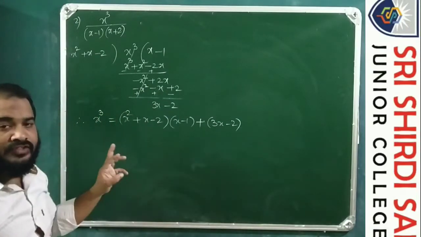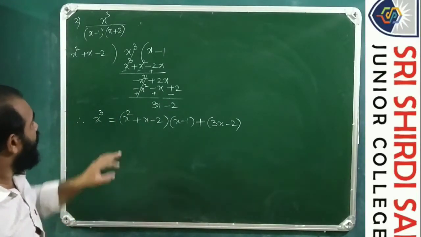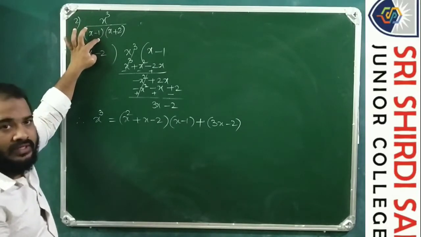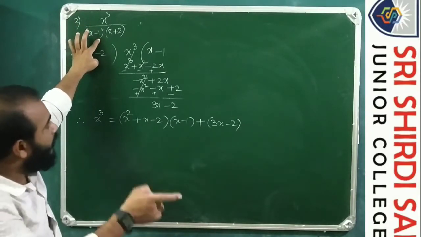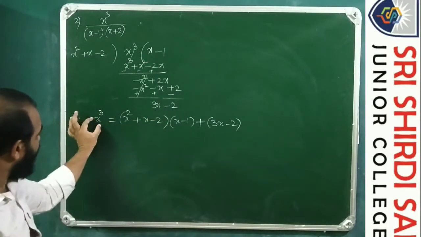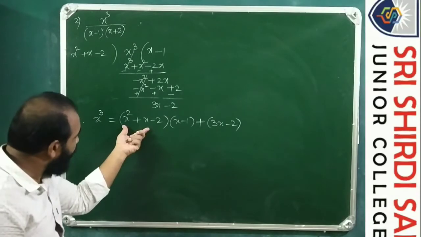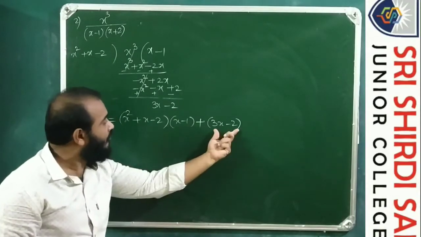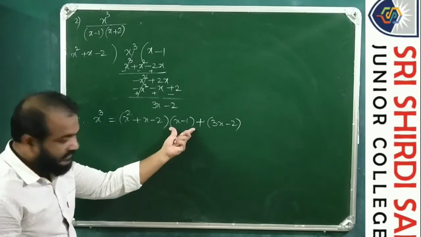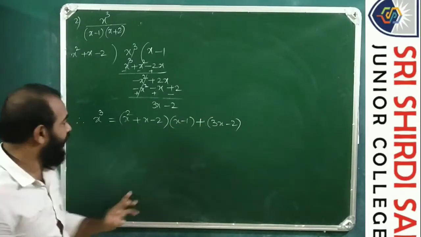According to the division algorithm, for f of x and g of x, there exist polynomials q of x and r of x such that f of x is equal to q of x into g of x plus r of x.